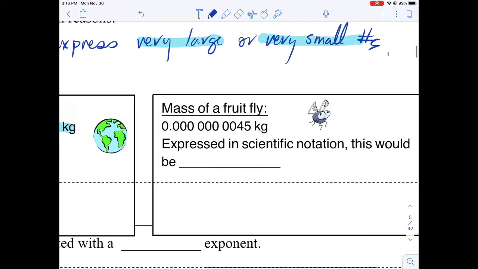If we looked at the mass of a fruit fly, this is an extremely low number of kilograms. And so we're going to show that again by counting these decimal places. So if I move it over 1, 2, 3, 4, 5, 6, 7, 8, 9. So this is going to be 4.5 times 10 to the negative 9 kilograms.